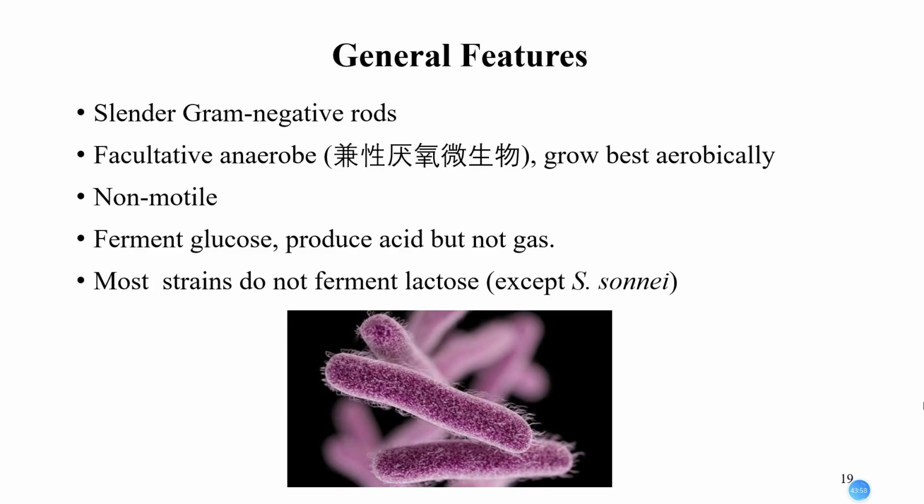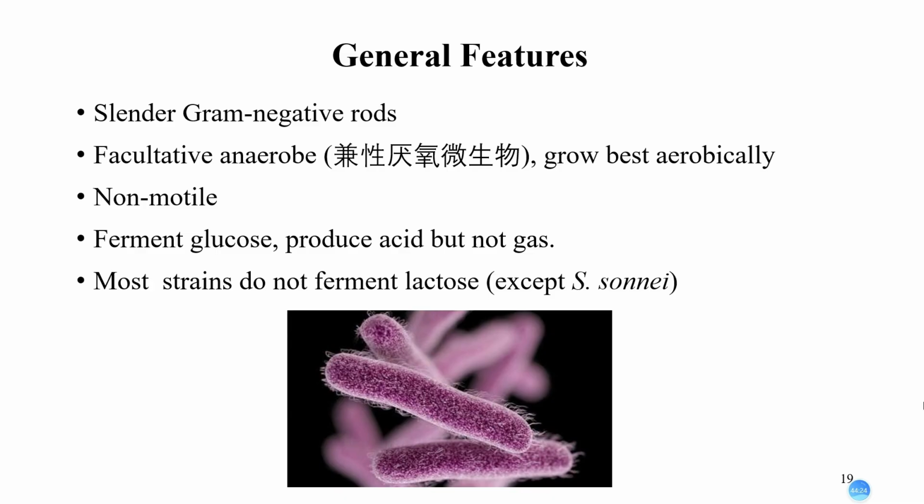In this picture, you can see that Shigella does not produce flagella, so it's not motile. And Shigella is able to ferment glucose. Okay, it produces acid but not gas. So that's the carbohydrate fermentation results.